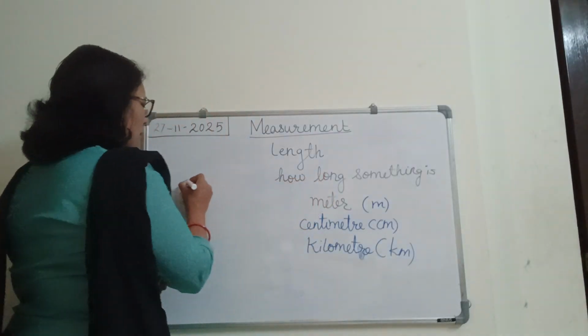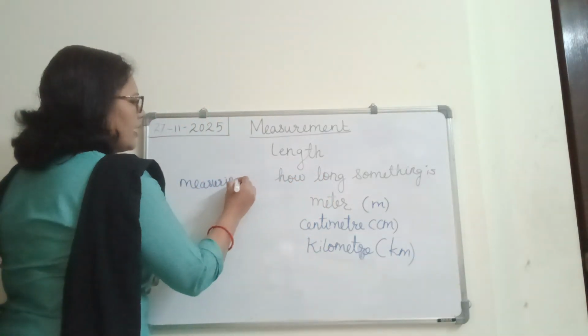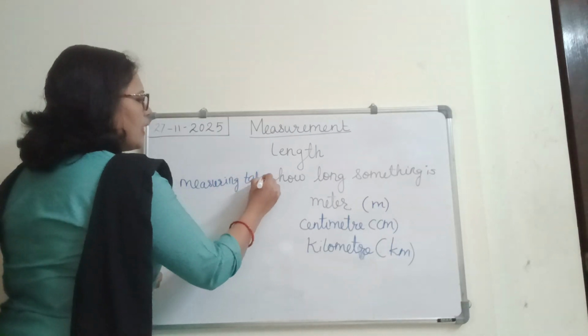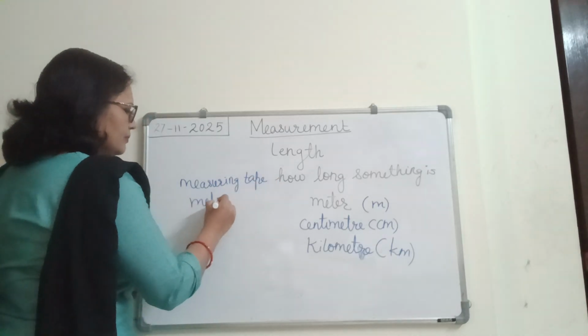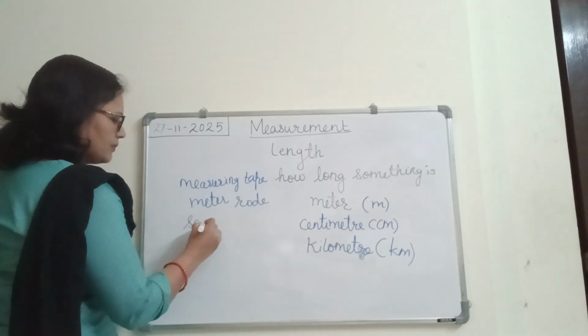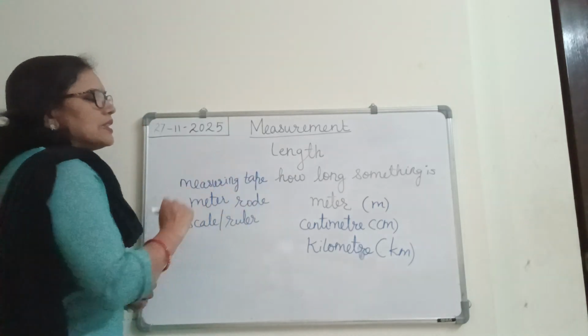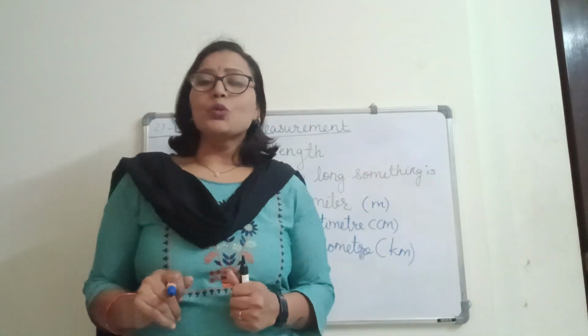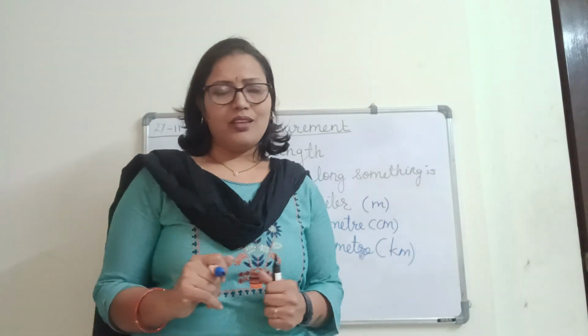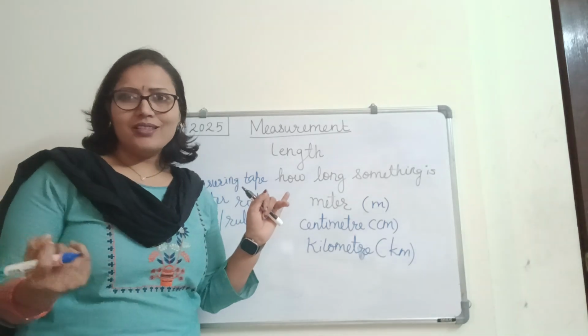So here, measuring tape, meter rod and ruler or scale. These are the instruments we use to measure the length. Measuring tape we can see with the tailors.